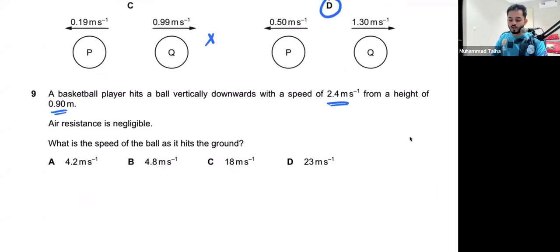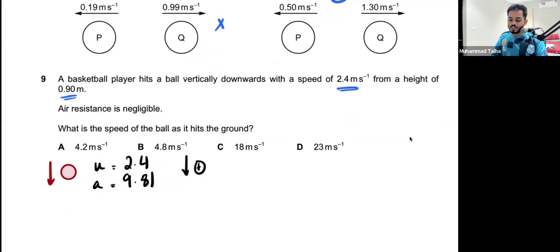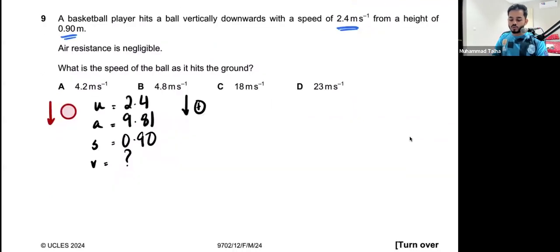So you hit this ball vertically downwards, and I use the sign convention that downwards is positive. So the initial velocity u is 2.4 downwards. Acceleration is 9.81, which is also positive because this is also downwards. Height is given, which is s, this is 0.9. And I need to find the final speed as it hits the ground, which is v. For this, we use v squared equals u squared plus 2as, pretty obvious.